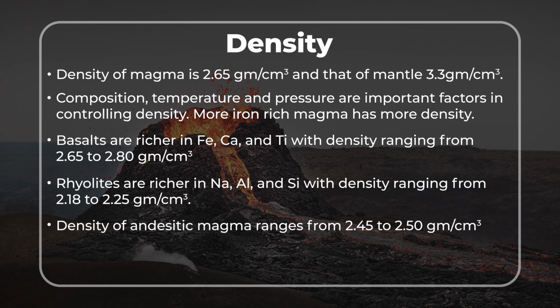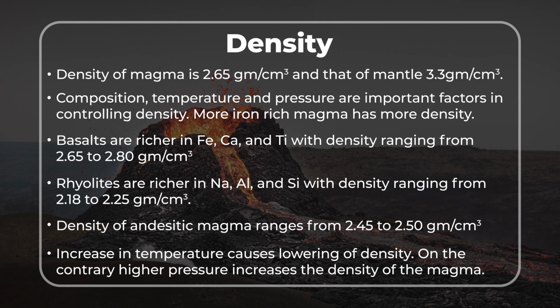So the density of andesitic magma ranges somewhere between basaltic and rhyolitic magma, that is between 2.45 to 2.50 grams per centimeter cube. The increase in temperature causes lowering of density. On the contrary, higher pressure increases the density of the magma.